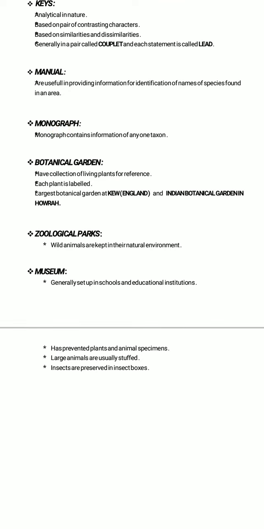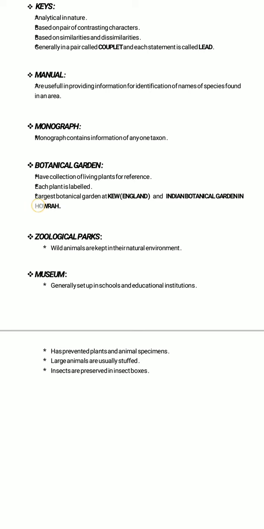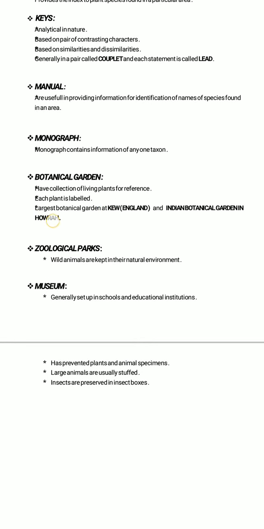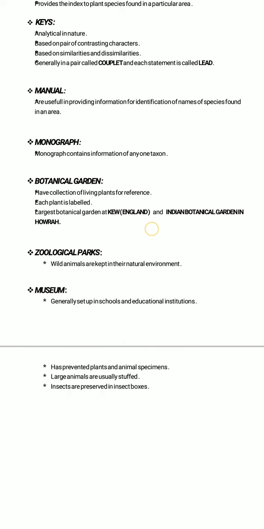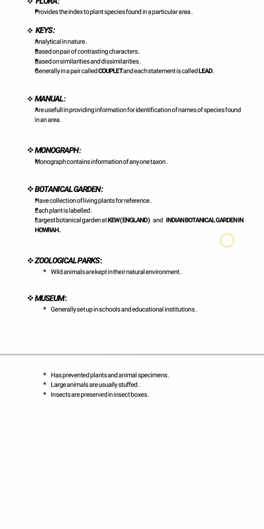Since it is mono, it contains only one taxon's information. Then botanical garden means they have a collection of living plants for reference only, and each plant is labeled with its information. The largest botanical garden is at Kew, England, and in India it is the Indian Botanical Garden, which is present at Howrah.